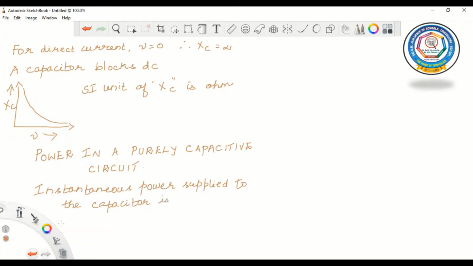so we know that power will be represented by PC. So here this is for capacitor, which is PL means power supplied to the inductor.